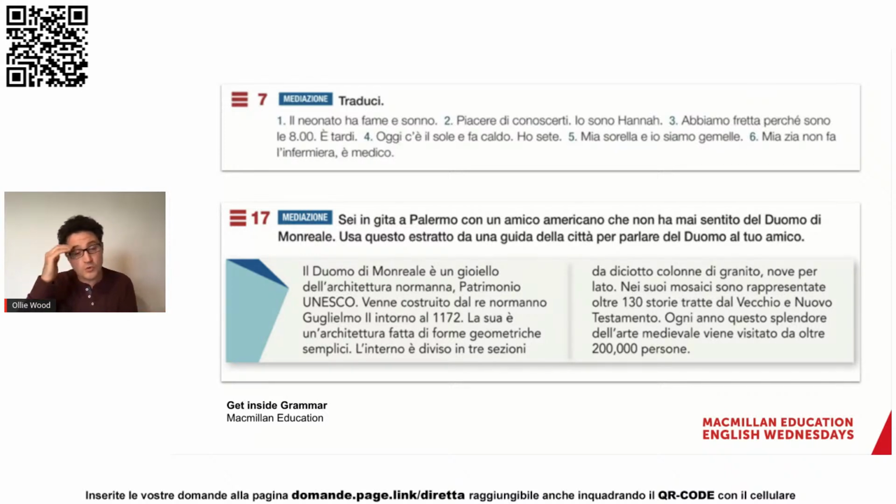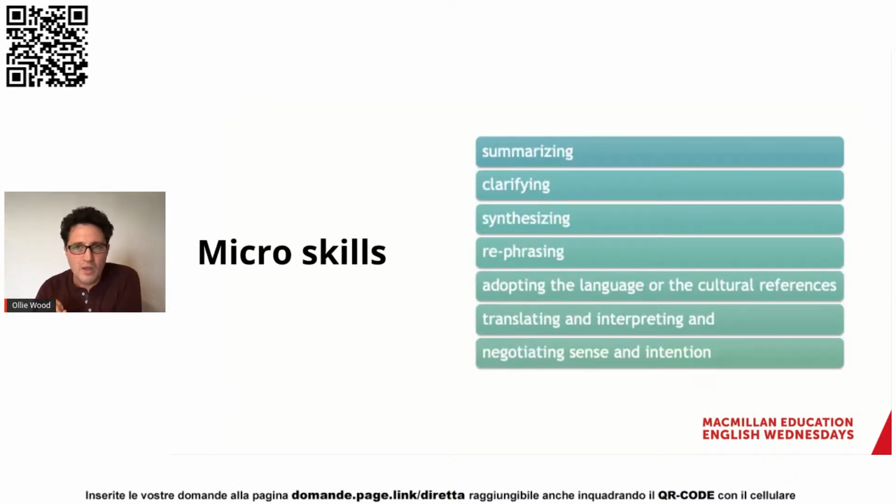Well, I'm sure that you'll be delighted to know that we can scratch below the surface of these activities to find micro skills. Now, micro skills are a set of abilities that we need to activate to fulfill mediation strategies and in turn succeed at mediation.